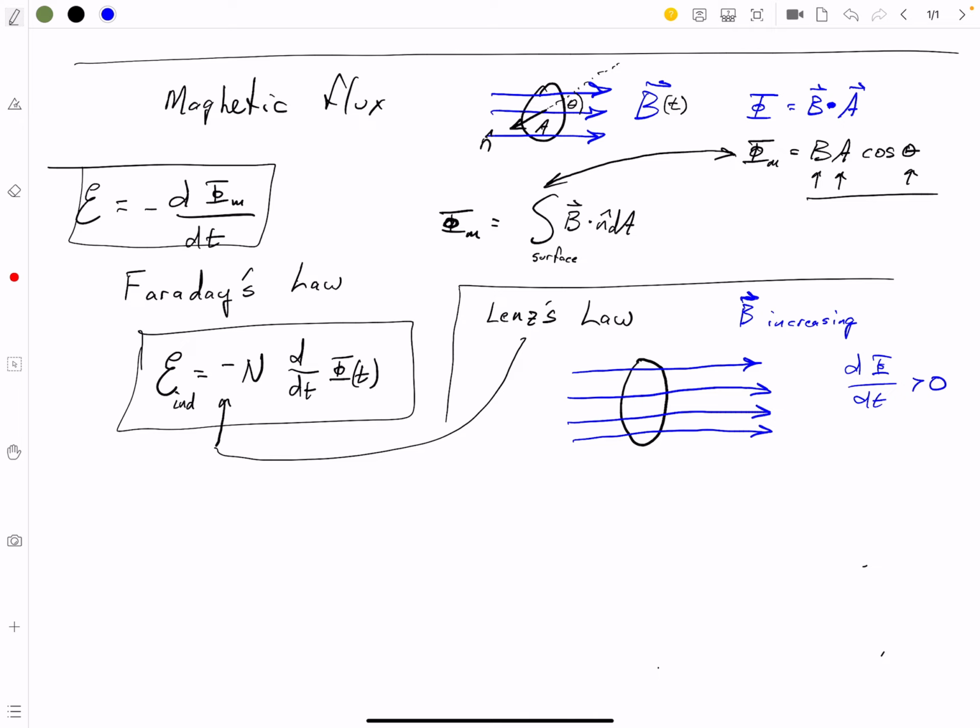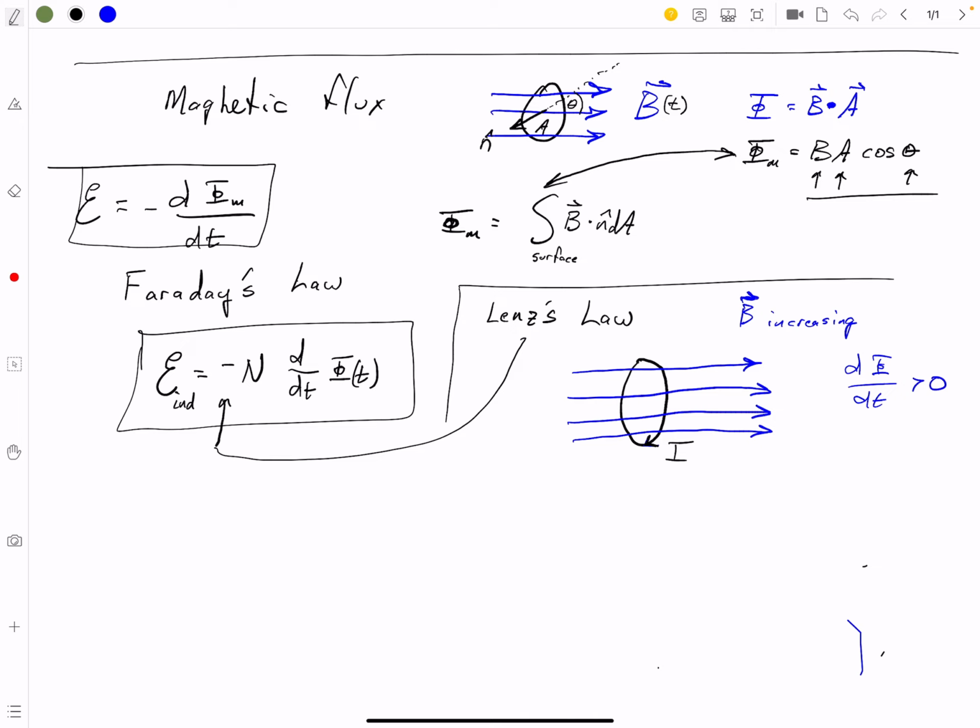So we've got a current that's being induced then because of the EMF that's induced. So we have this induced current, and that induced current is such that it wants to fight the B that's increasing.